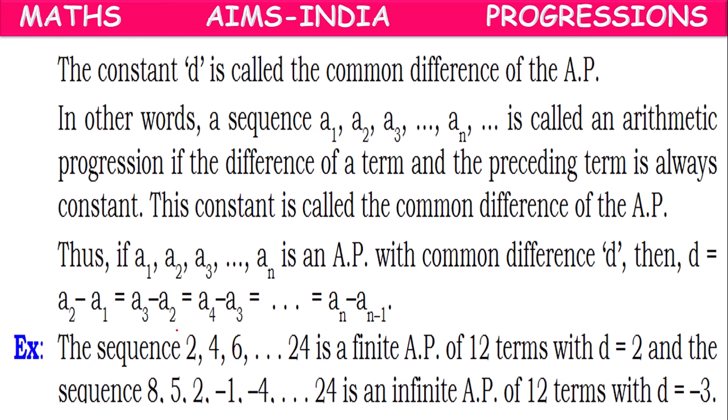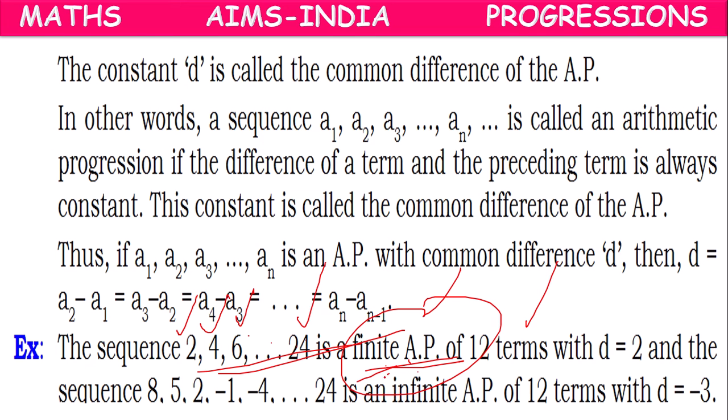Suppose the sequence 2, 4, 6 and so on up to 24 is a finite AP because the number of terms is limited here. That's why we can call it a finite AP. It is a finite AP of 12 terms with a common difference 2.